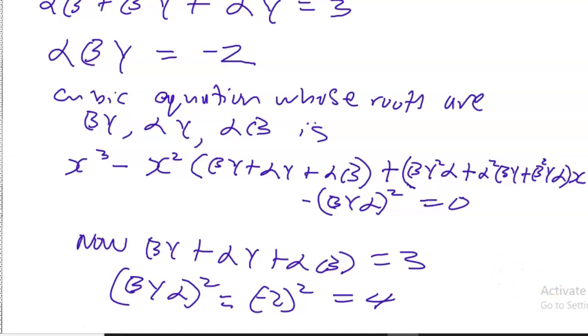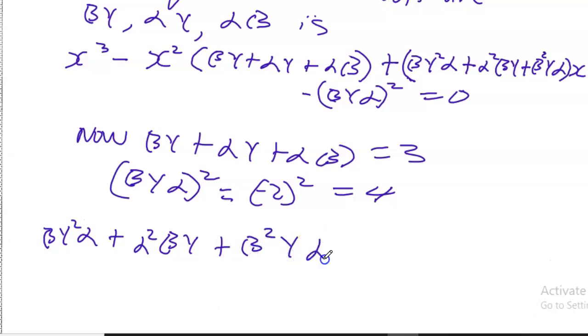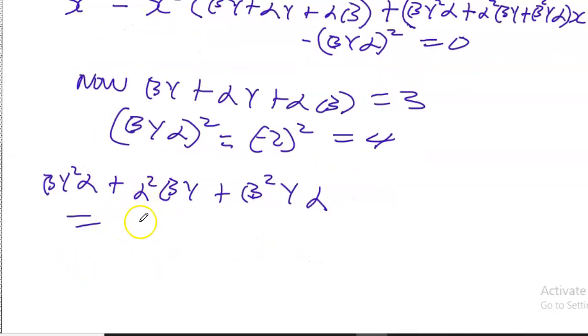And let's do the coefficient of the x, which would be, let's rewrite it, beta gamma squared alpha plus alpha squared beta gamma plus beta squared gamma alpha. What is this equal to? Now notice for this expression, beta gamma alpha is a common factor. So if I factor out beta gamma alpha, I'll be left with gamma for the first term.